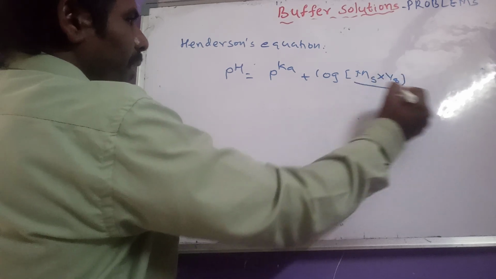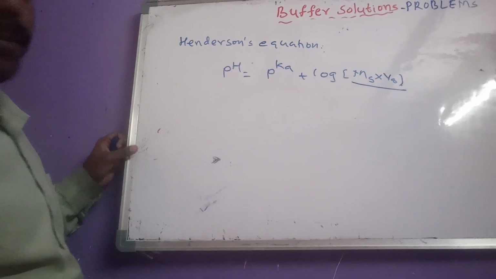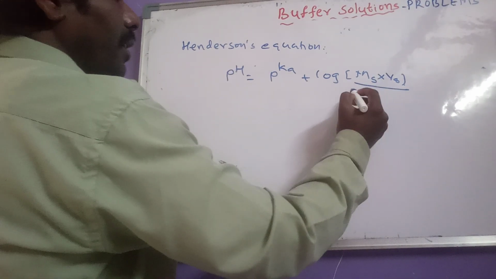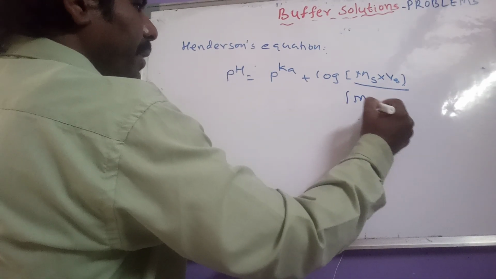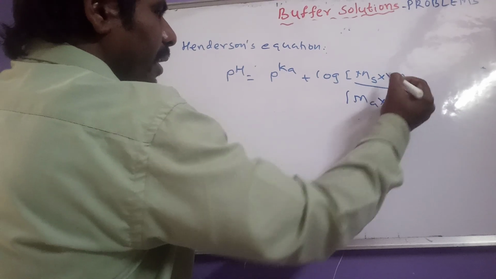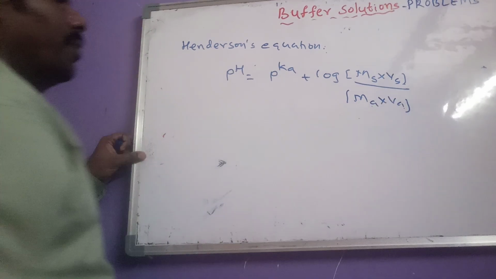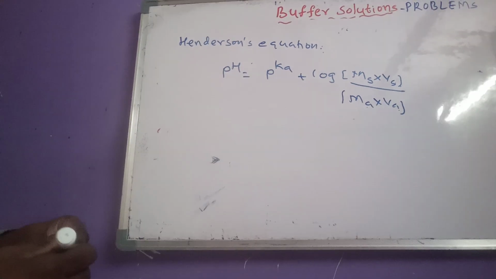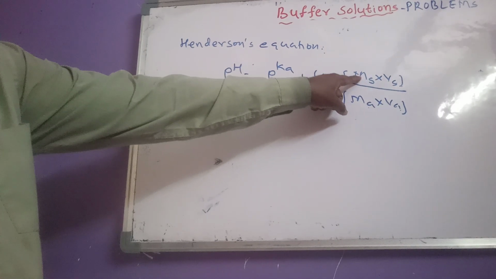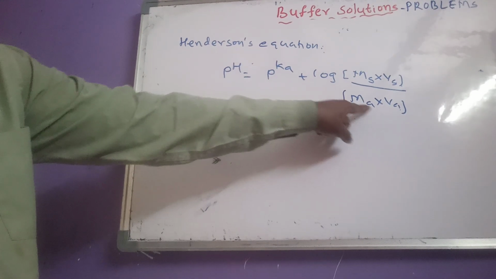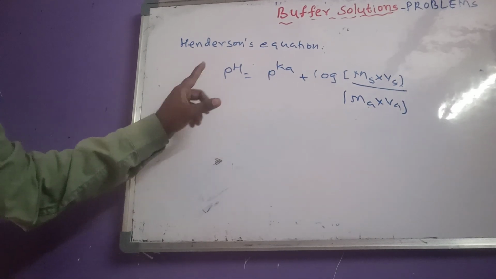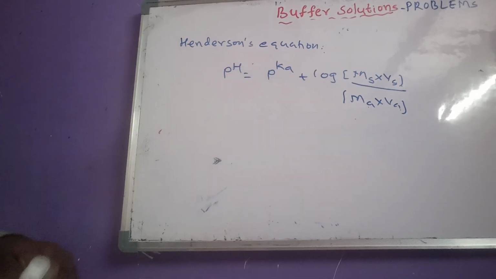That means Ms into Vs by Ma into Va, where Ms means molarity of salt, Vs means volume of salt, and Ma into Va means molarity of acid into volume of acid. This is the formula we have to use to calculate the pH of an acidic buffer.